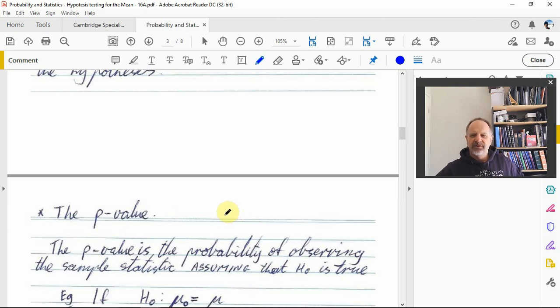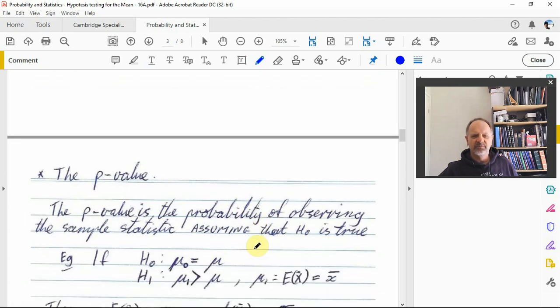Then we look at this p-value, and the value that we come up with tells us, assuming the null hypothesis is correct, whether that is the case or whether it's not, statistically.